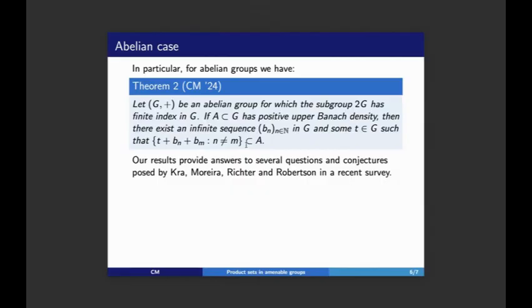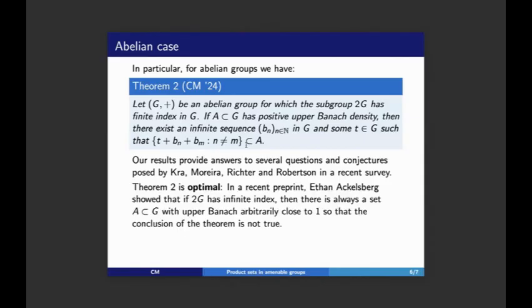Our results provide answers to several questions and conjectures posed by Kra, Moreira, Richter, and Robertson in a recent survey. We should also note here that Theorem 2 is optimal, as was shown in a recent preprint by Ethan Ackelsberg. Ackelsberg showed that if 2G has infinite index, then we can always find a set A in G which has upper Banach density arbitrarily close to 1, which fails to satisfy the conclusion of Theorem 2.